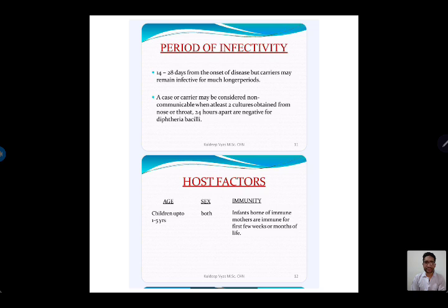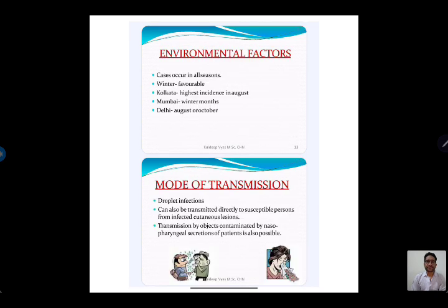Host factors: age, children up to 1 to 5 years; sex, both; immunity, infants born of immune mothers are immune for the first few weeks and months of life. Environmental factors: cases occur in all seasons, winter is favorable. Kolkata has the highest incidence in August, Mumbai in the winter months and Delhi in August or October.